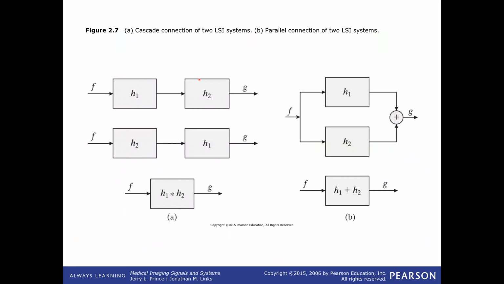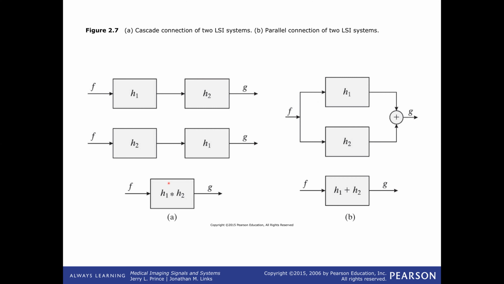When we have these linear shift invariant systems, and you can just classify your system with one point spread function like this, then it becomes really easy to cascade these functions. So if you have a two-stage process in your image, and the first stage has the point spread function h1, the second stage has the point spread function h2, then it makes it quite simple to combine these things.